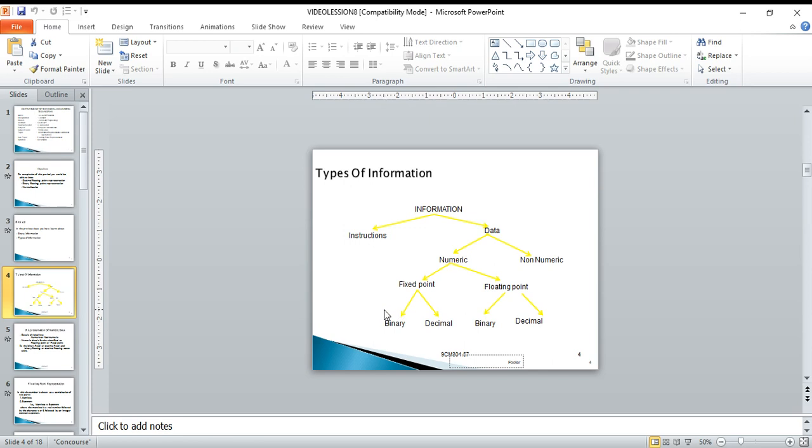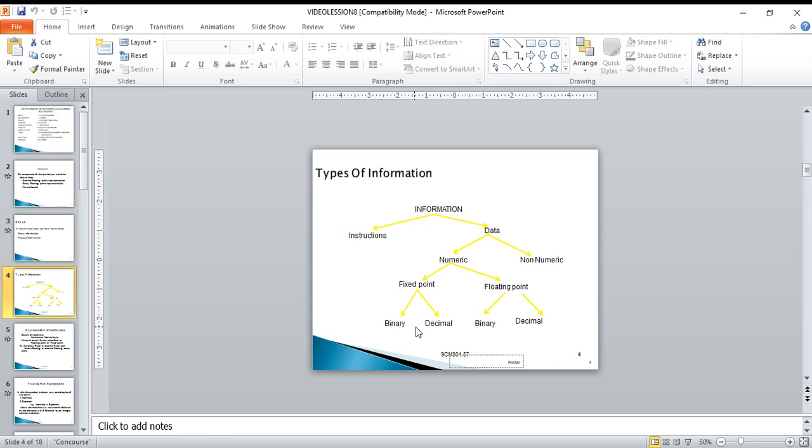If it is a negative number in the binary fixed point representation, we can represent that negative number in three ways: signed magnitude representation, signed one's complement representation, and then signed 2's complement representation. Here, remember one thing, if it is a positive number, then we just simply take the binary number and represent that binary number along with the sign bit.